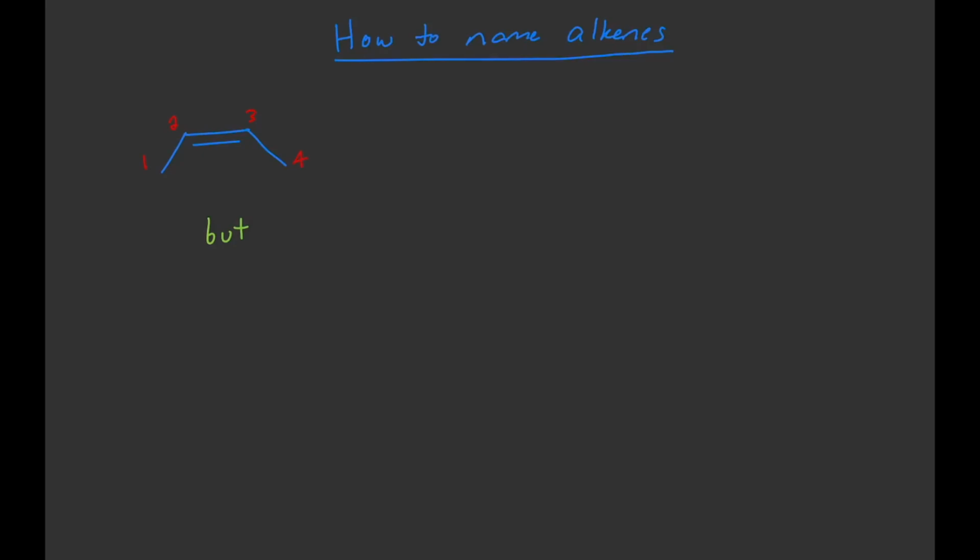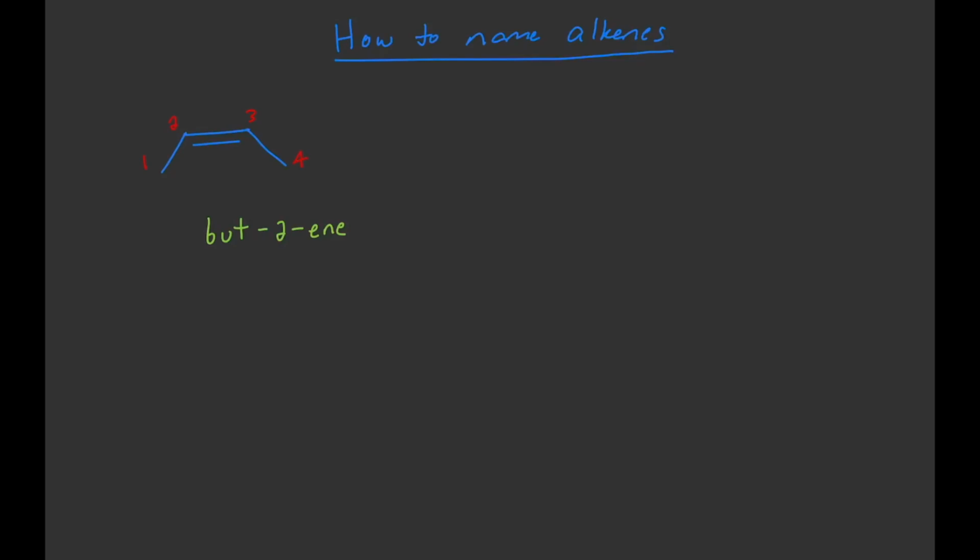So we have our base chain, bute. Our alkene starts on carbon 2, so our number is going to be where the alkene starts. So we're going to do bute-2, and then it's an alkene, so we will write ene. Okay, so now we have our base name, and we know that it's an alkene starting at carbon 2.